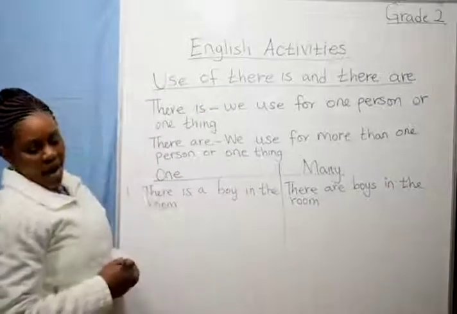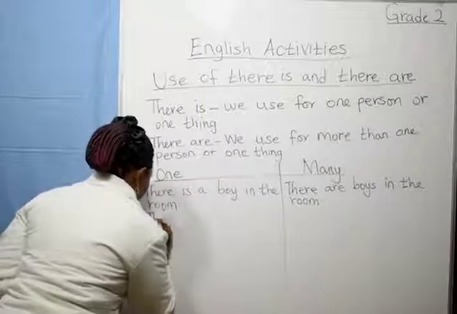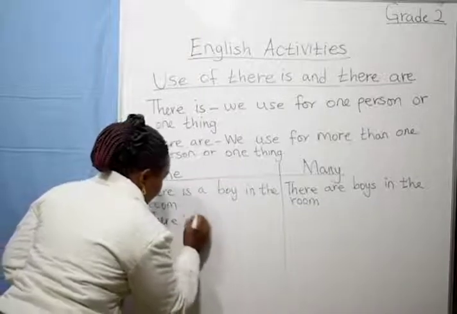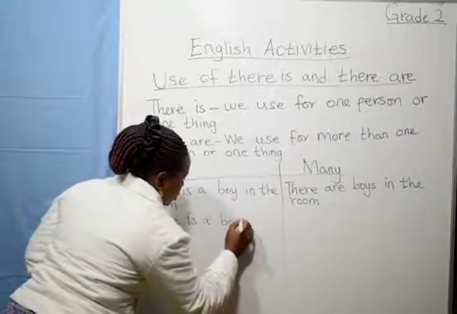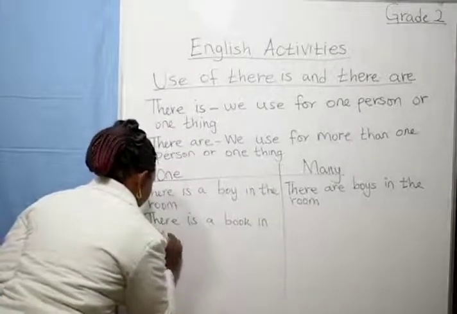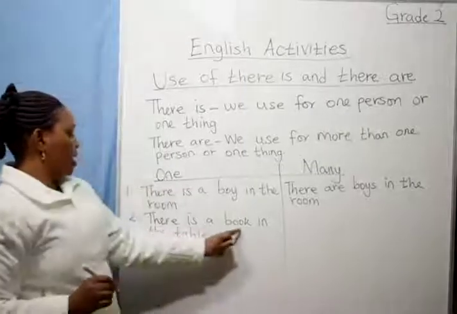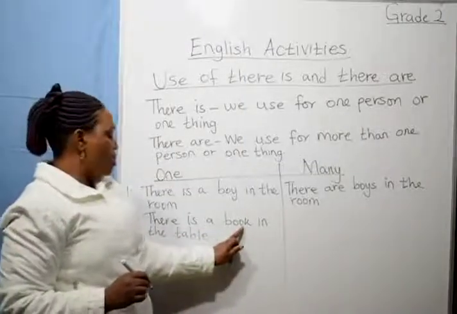We have another one. There is a book on the table. We are talking about one book.